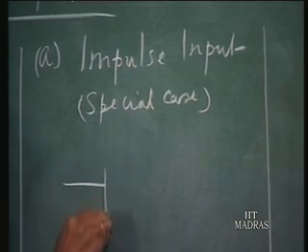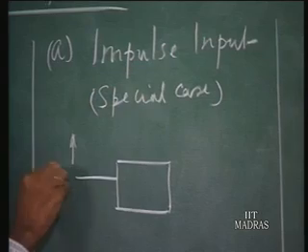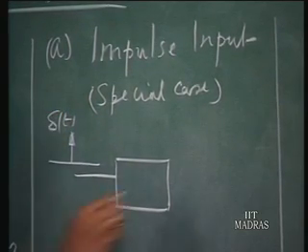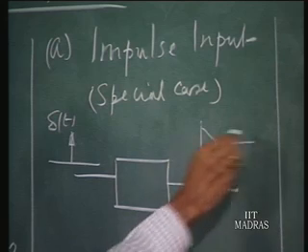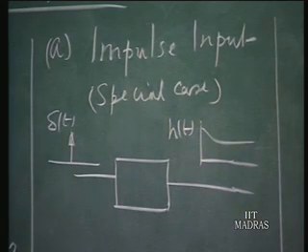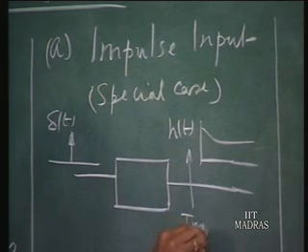So the input is delta(t), and you get an output which perhaps varies like this. We will call that h(t). So corresponding to an impulse input, an impulse at the origin, you get an output h(t). h(t) is called the impulse response, which we already observed earlier.